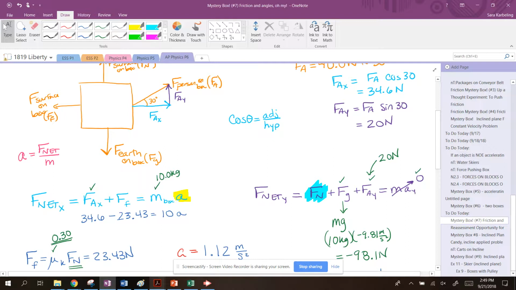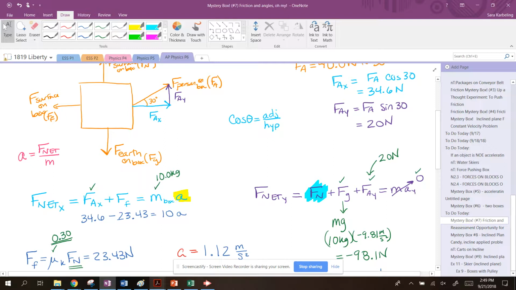Because regardless of which way you say is positive and negative, we know that the force in this direction is also going to be the same direction as the acceleration. So I'm going to call this way positive. I'm going to call my F_A x positive. I'm going to call my F_f, because it's going in the other direction, negative. And my acceleration is positive.